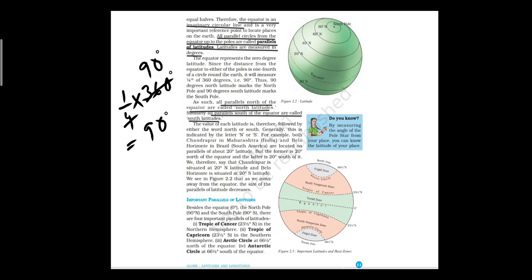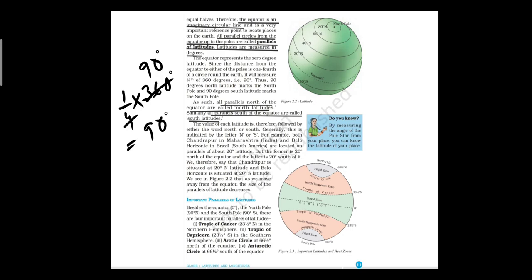Now we see in figure 2.2 that as we move away from the equator, the size of the parallels of latitude decreases. In figure 2.2, if you see, the equator is drawn in broken lines, and as you can see, as we move away from the equator, the size of the circle becomes very small.